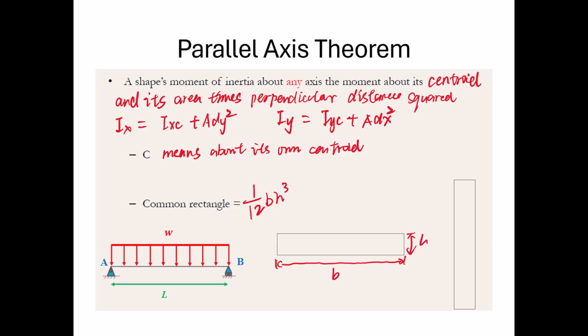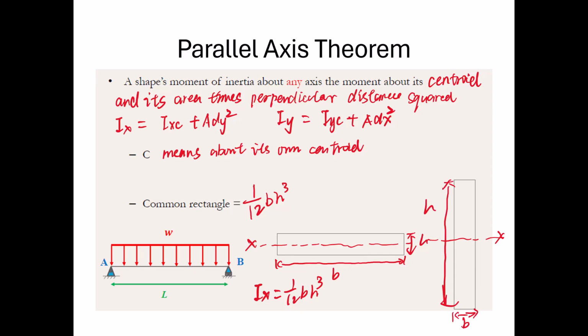If you want to calculate the inertia about x, it will be using this equation. However, if we have the same beam but placed in a different direction, if we want to calculate its inertia about x, this distance will become b, this distance will become h. So even though the shape is the same, the direction is a little bit different, so the inertia will be different.